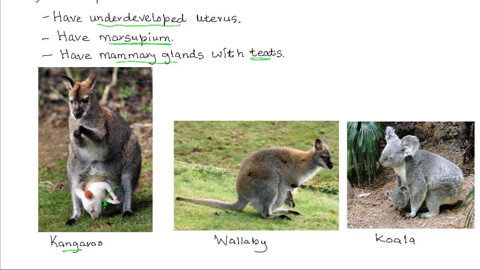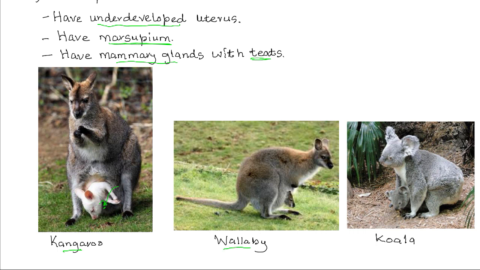Occasionally it comes out, feeds, then goes back until it is strong enough and independent enough such that it may not require to go into the marsupium. So as time goes by, the young one supplements its milk diet with the food that the mother also eats. The other one is the wallaby.